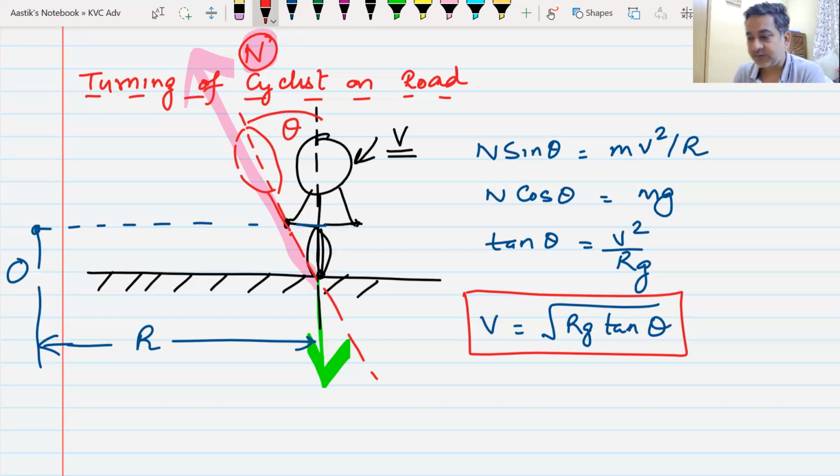Weight was doing something here also, but it was not coming into the equation. It was not giving any centripetal force. When will weight do something in the centripetal force? When?